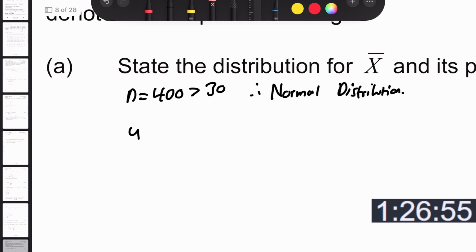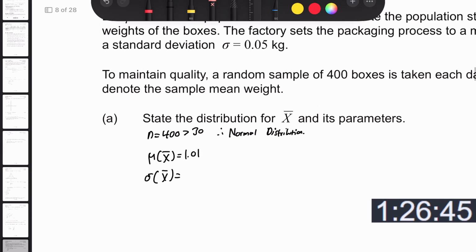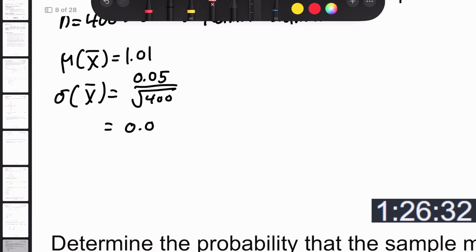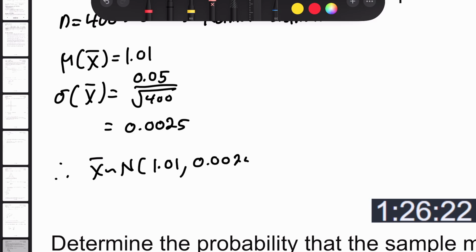Wait, okay, so let's do mu of x is equal to 1.01, and the standard deviation of x is going to be 0.05 all over square root of 400, so let's divide by 20, is 0.0025. Therefore x is going to be approximately a normal distribution of 1.01 and 0.0025 squared.